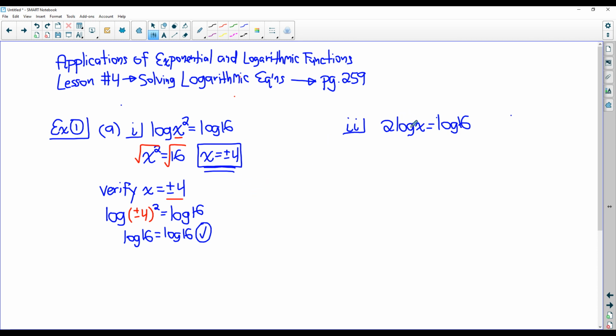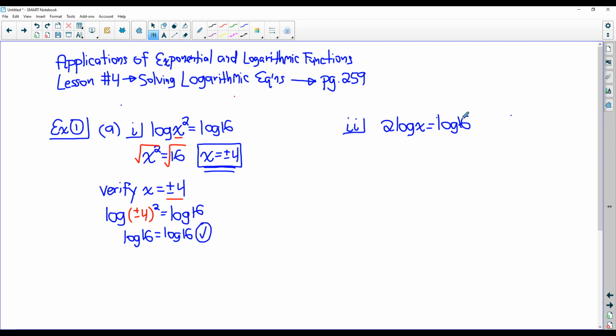Okay, now this one, I have 2 log of x is equal to log of 16. And I'm going to try to, again, just solve it algebraically. The main difference between this one and the one over here is that you have a coefficient in front of one of the logarithms.